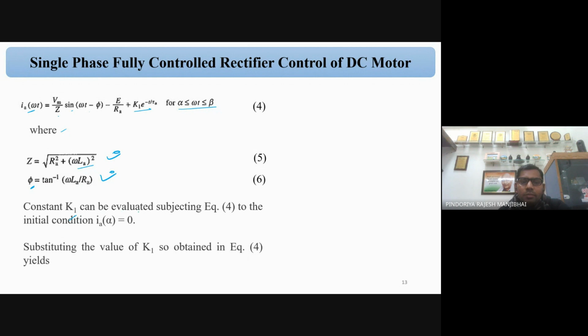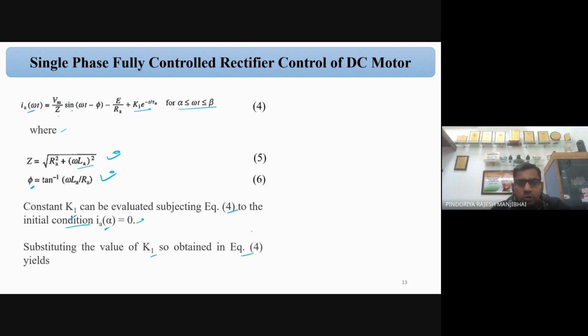Constant K1 can be evaluated by subjecting equation number 4 to the initial condition IA at alpha equal to 0. Okay. So we can find the constant K1 that depends on the circuit parameters. But for simplicity and simple calculation, we say IA at alpha is equal to 0. Then we can easily calculate the constant K1. So substitute the value of K1 to obtain equation number 4.